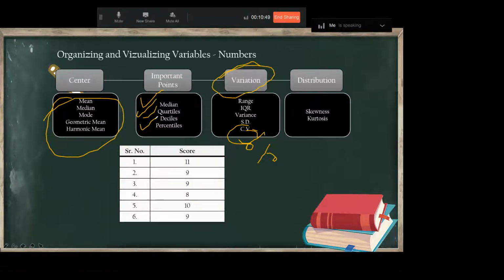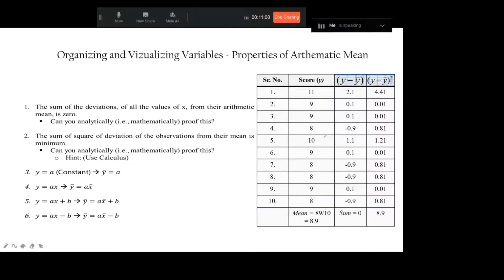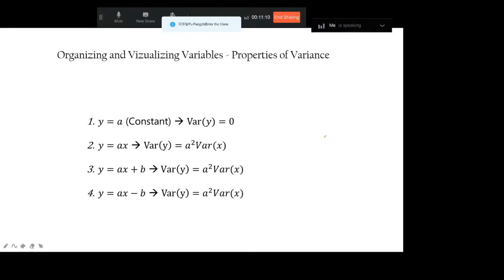Today we will also look a little bit at skewness and how to calculate it. We also looked into the properties of arithmetic mean, which you can see just in front, and we tried to solve it through example, and also the properties of variances. So these concepts we have covered so far.